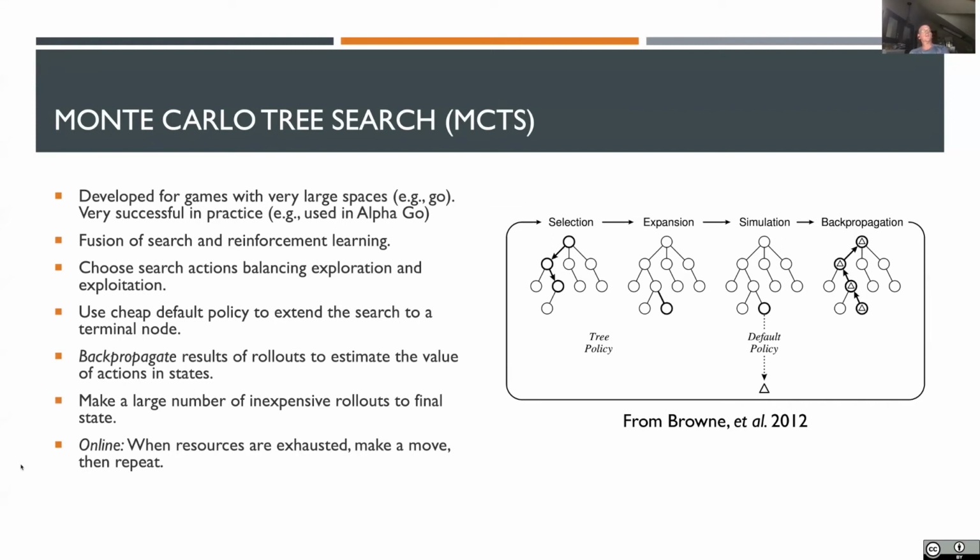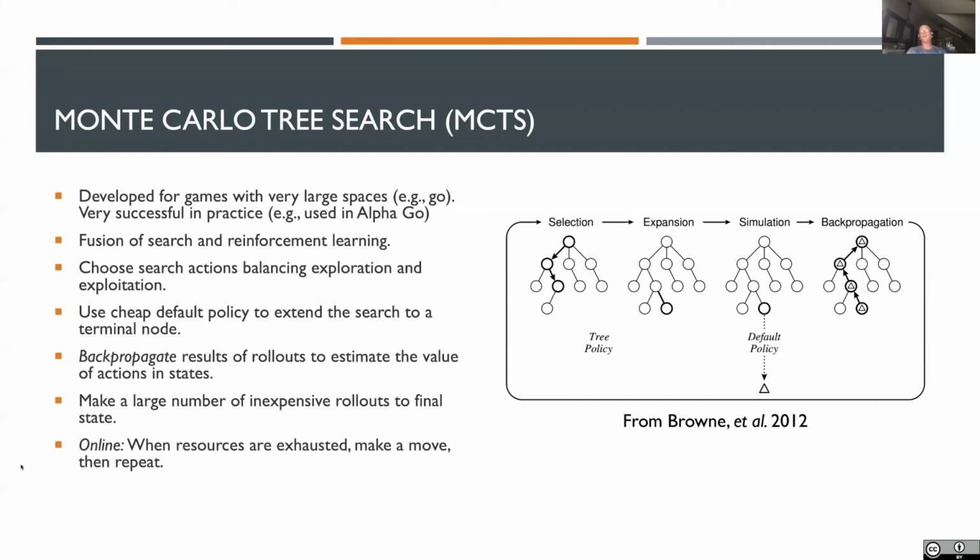Monte Carlo tree search is a search algorithm that was developed for games with very large search spaces, such as Go. One way to think about MCTS is as a fusion of reinforcement learning and search. MCTS chooses search actions balancing exploration, looking at new parts of the space, against exploitation, further exploring promising parts of the search space, in what's called its tree policy.